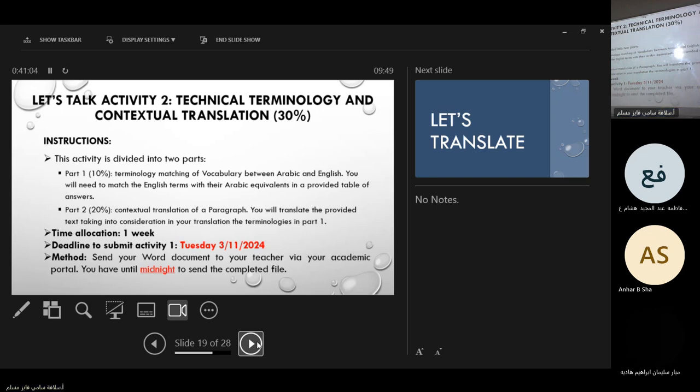So you have 1 week to do that, until Tuesday, the 3rd of December, on the Word format, the same file that I sent you. Give the answer there, and send it through the portal. مش النشاطات البوابة الأكاديمية تبعيكم زي دايما، اوكي؟ 3/12 هون في غلطة.